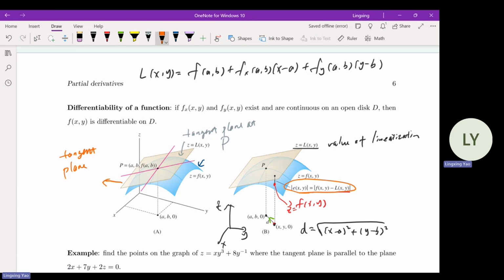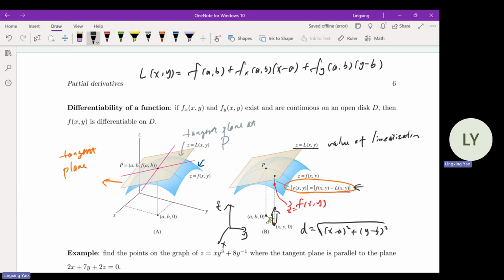So this ratio has a fixed limit, which is 0, which means if you're wandering around as a person standing at this x, y spot and shooting a laser vertically above your head, one distance is the error, the other distance is the distance from point x, y to the point A, B in the xy plane.